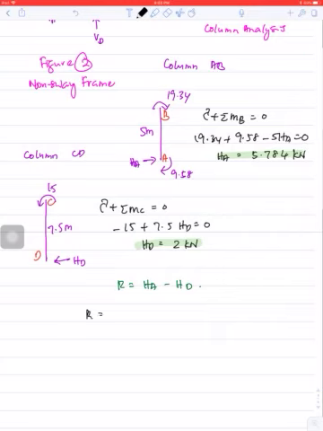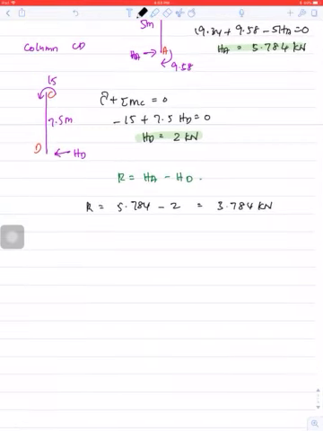So we will get R is equal to 5.784 minus 2, and this is equal to 3.784 kilonewton.